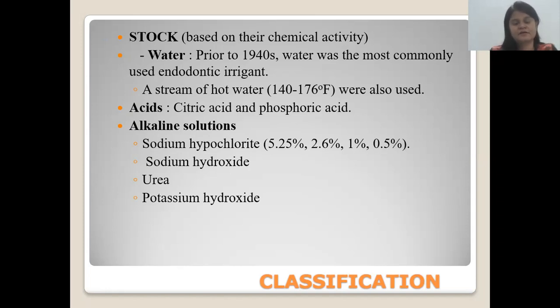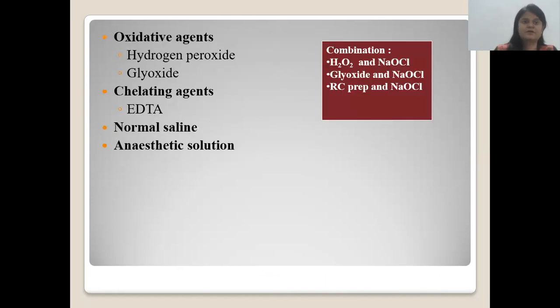Then acidic ones like citric acid and phosphoric acid, alkaline-based sodium hypochlorite, which is available in various concentrations, sodium hydroxide, urea, then potassium hydroxide.